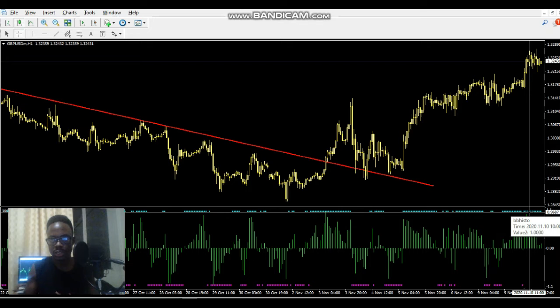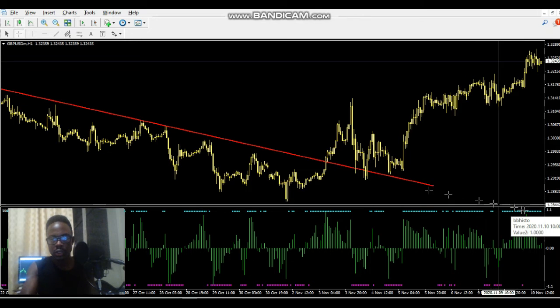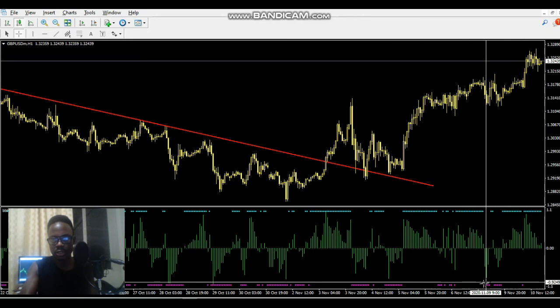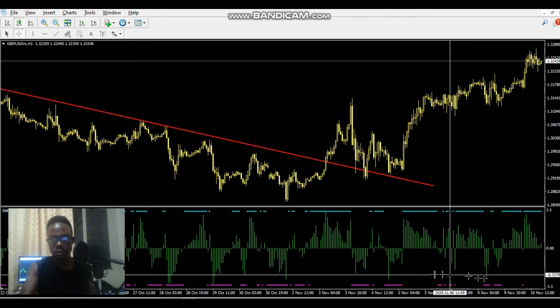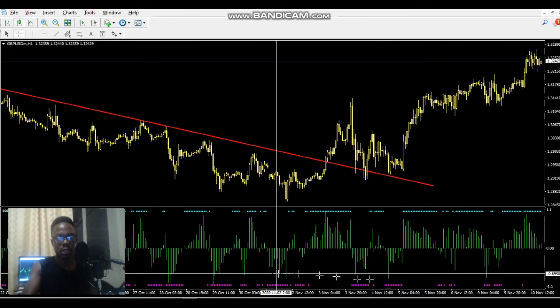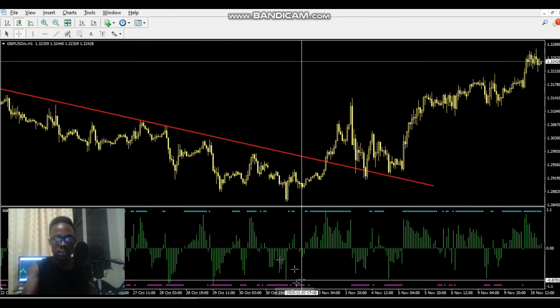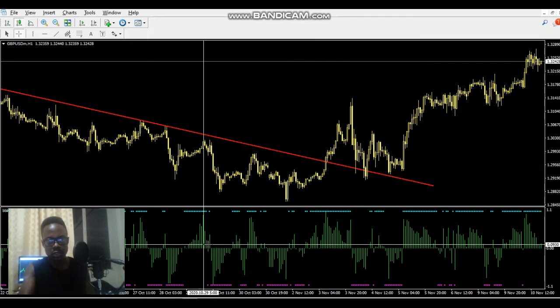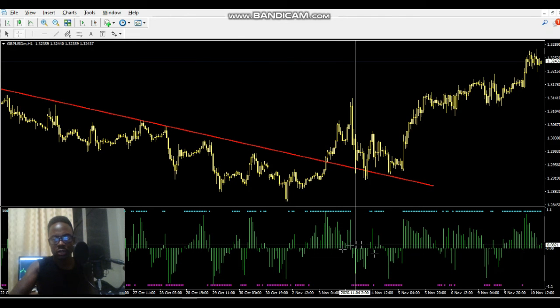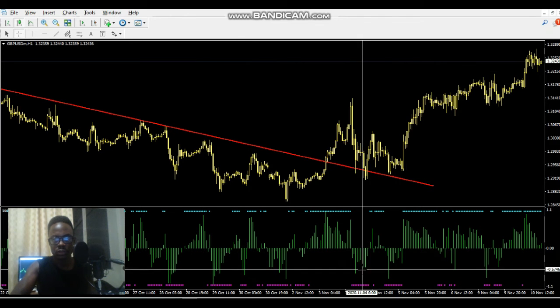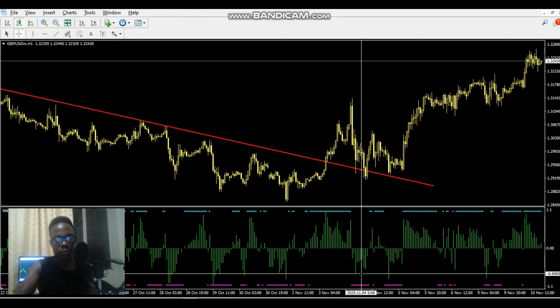So you'll be selling at some point over here perhaps, and then you'll be buying at some point over here. So now how do you go about that? It works more like an RSI, but it's not an RSI. These are trading volumes, what is actually happening in real time in the market. So if you use price action, you can use it to confirm your entries. This is how we do some sniper entries.